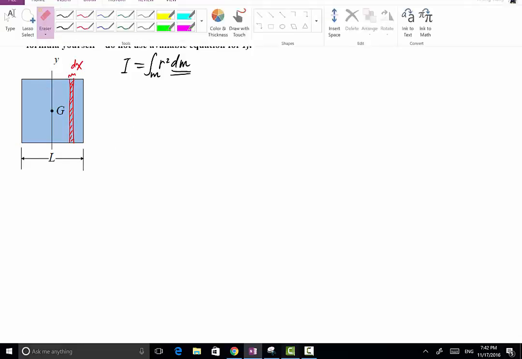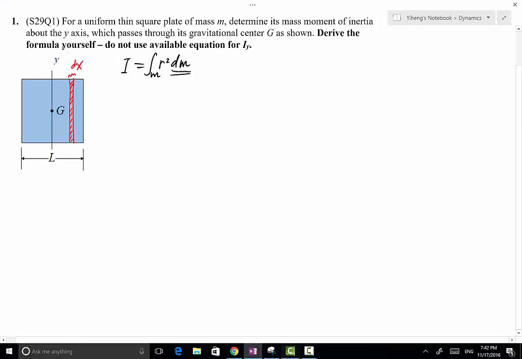Now, because this is a uniform thin plate, dm equals rho, the density, times dV, the volume. And if the thickness of the plate is t, dV equals t times dA, the area.